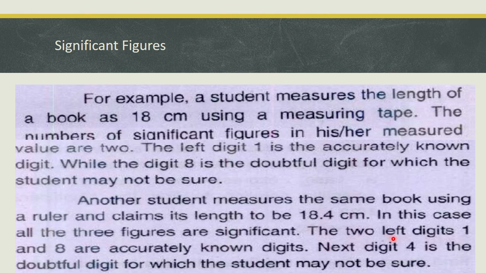So the left two digits 1 and 8 are accurately known, and the next digit 4 is doubtful, for which the student may or may not be sure. Maybe next time he or she measures, it will be 18.5. After this point, he or she may not be sure.